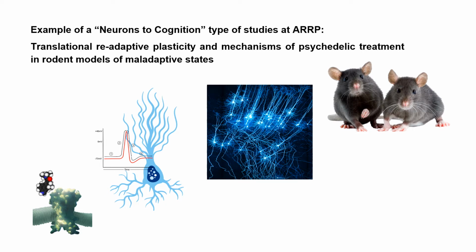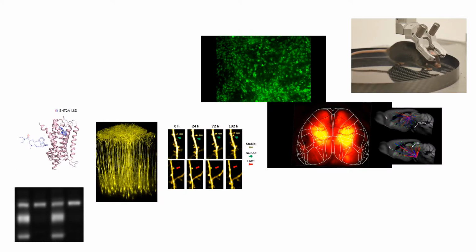And because the psychedelic drugs have a very specific target, the serotonin type 2A receptor, 5-HT2A, we can also study it at the molecular level using the agonists and antagonists and receptor expression in specific neuronal populations. And all levels can be assessed at the same time.